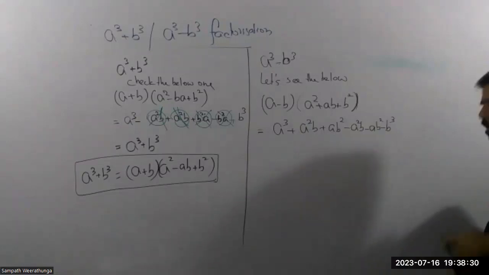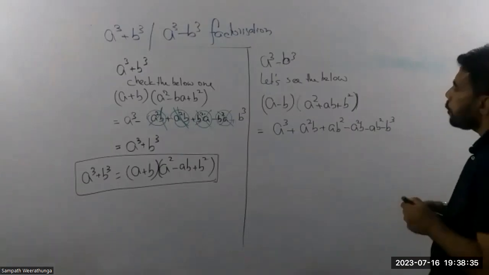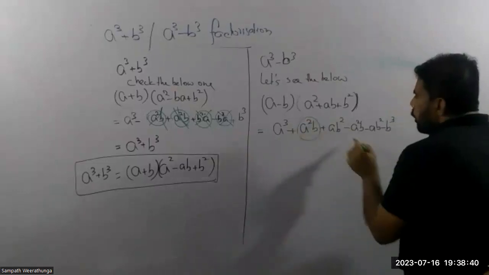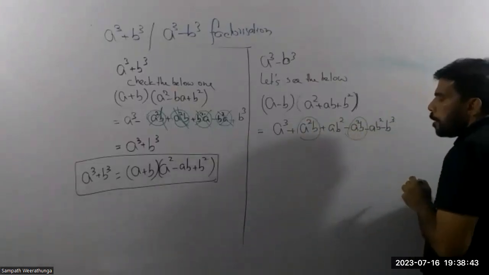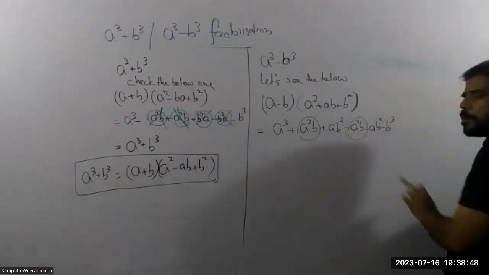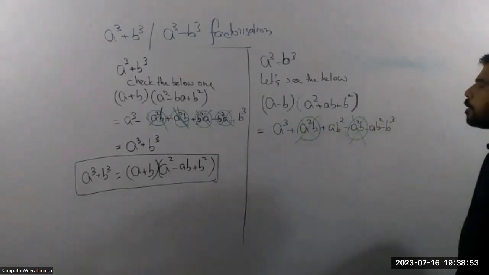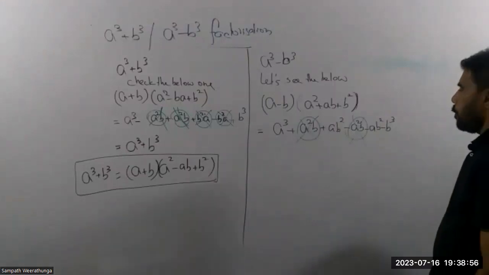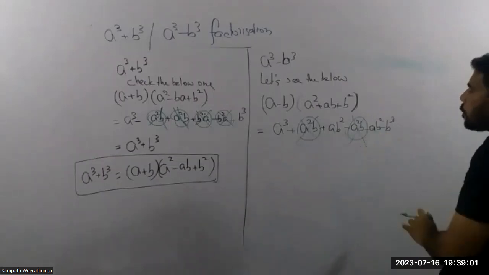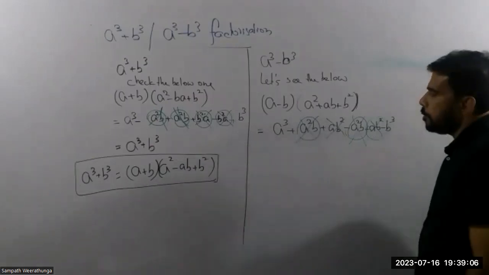See, another nice relationship we got. Here A squared B is with a positive sign, and my A squared B is with a negative sign, so they get cancelled. Here AB squared is positive, and here AB squared is negative. Again, you can cancel them.